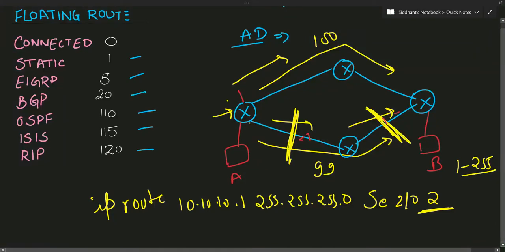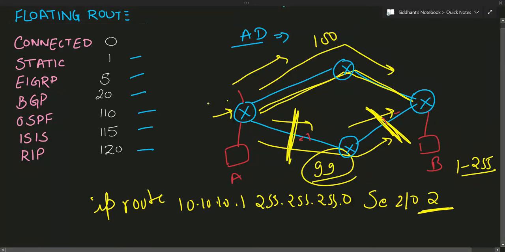We can configure another route as a backup one. In this case, this one will be a backup route, and this one will be your normal 99 distance route. But if anything breaks down here, this will be your backup route. So a floating route is kind of a backup route. You need to remember it as that.